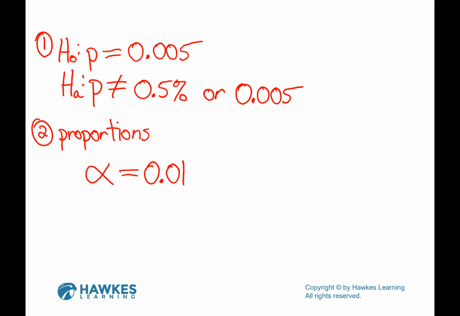Step 3, we'll calculate our test statistic. So p hat, p hat minus p. Oh, I know p already from our hypothesis.